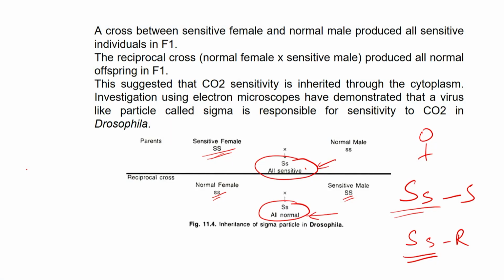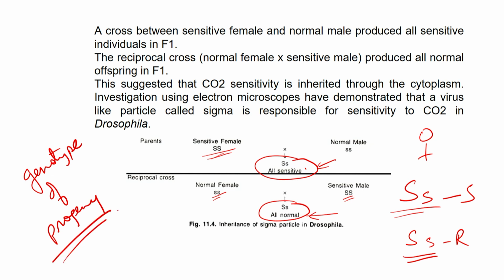So if the mother is sensitive, it does not matter what is the genotype of the progeny. What matters is what information is being transmitted from the mother to the child.